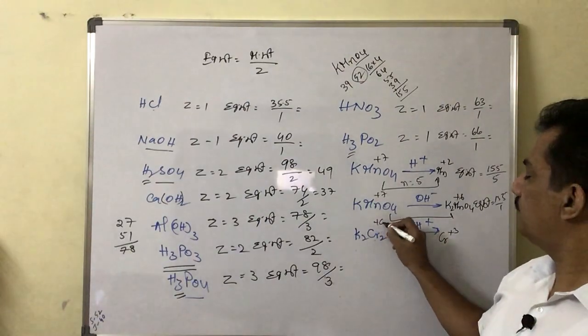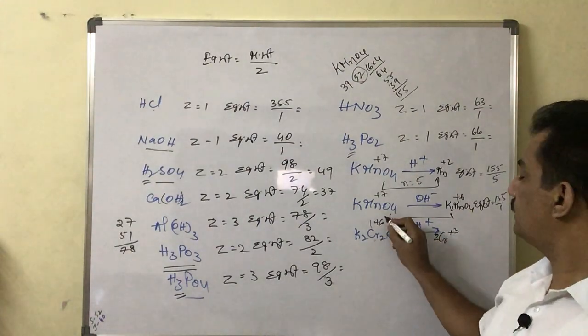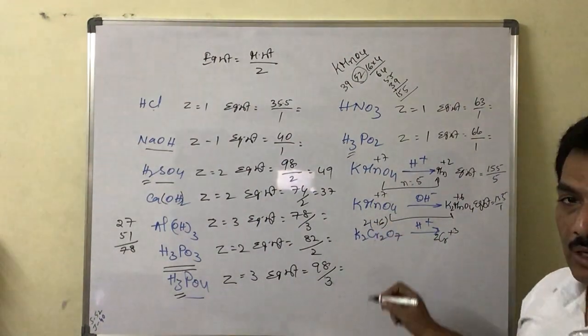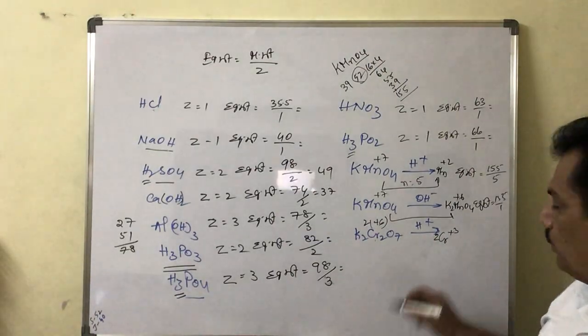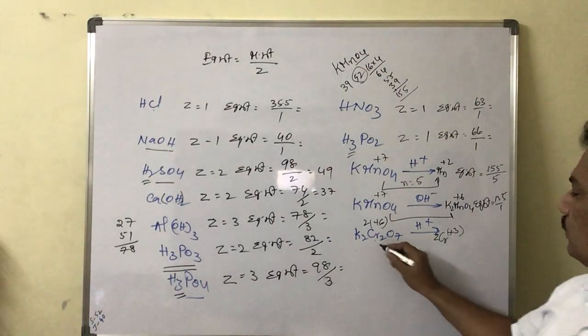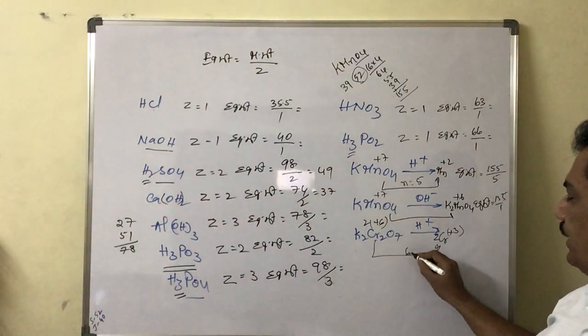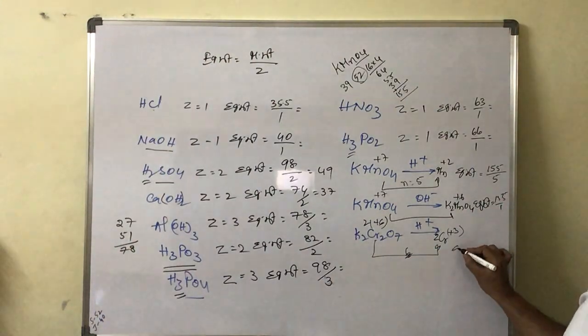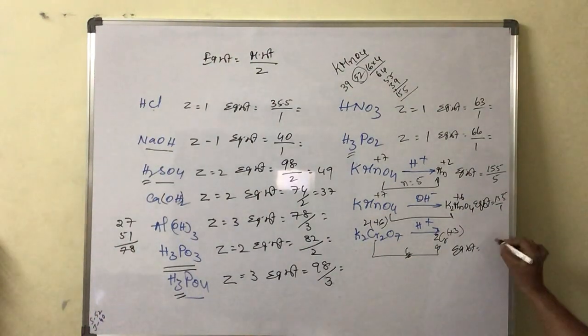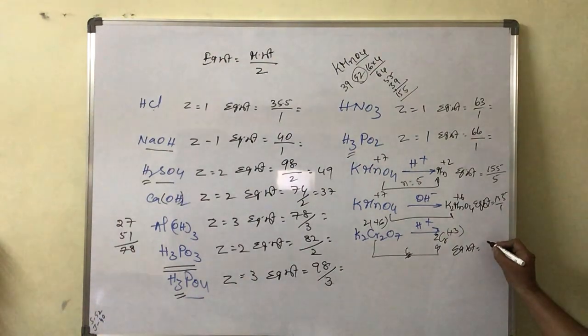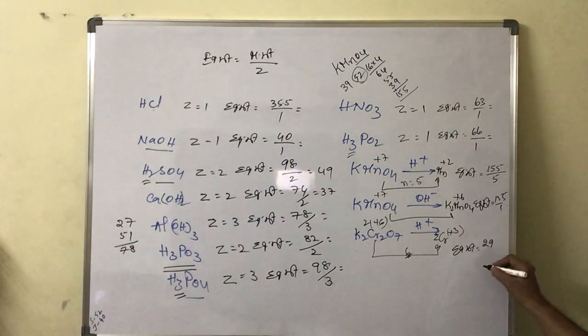Here the oxidation state of chromium is plus 6, so plus 6 into 2 is 12, and here plus 3 into 2, so the total change is 6 units. Thereby the equivalent weight is 294 by 6.